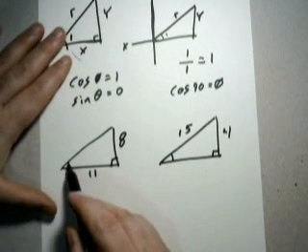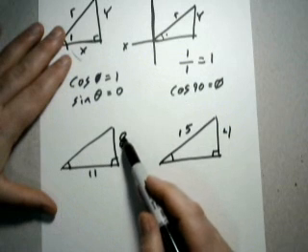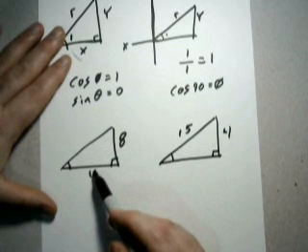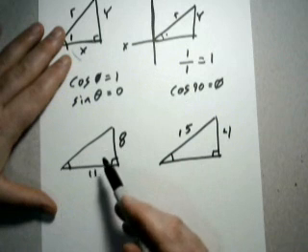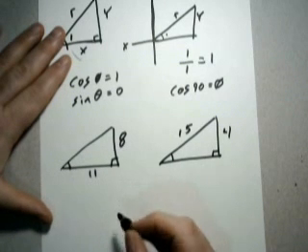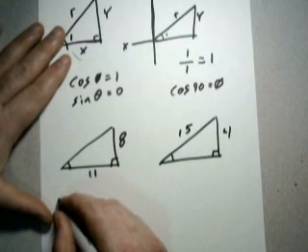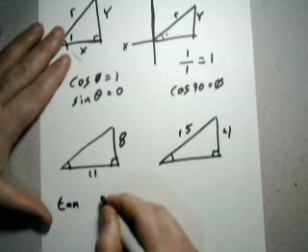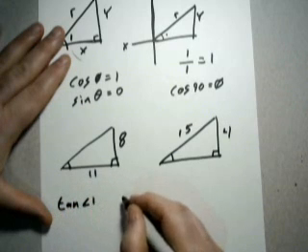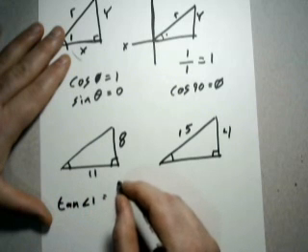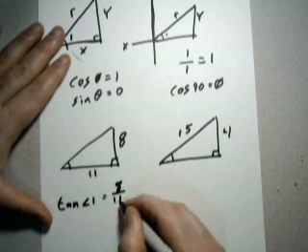We're looking for this angle right here, and we have the opposite side and the adjacent side. Opposite and adjacent, that's a tangent function. So I can say that the tangent of angle 1 is equal to 8 over 11.